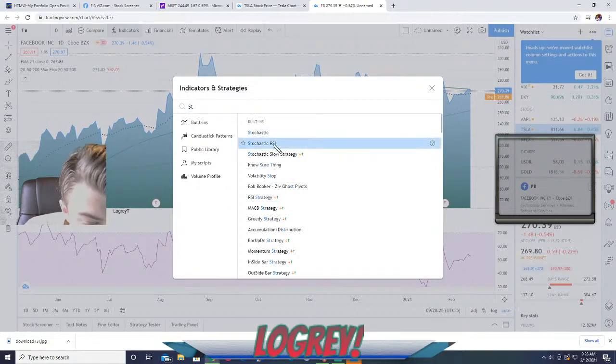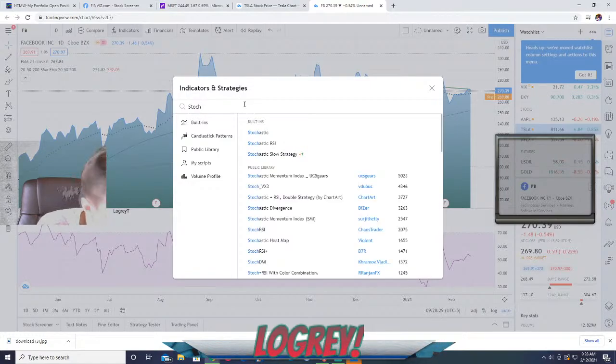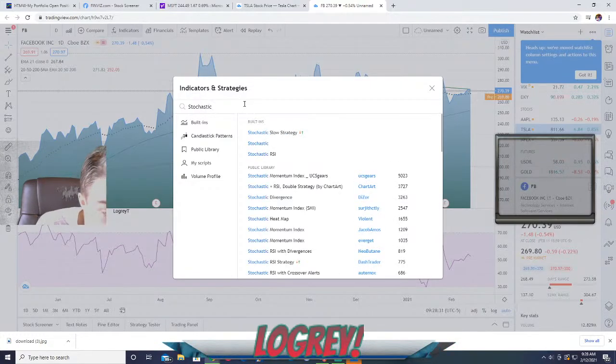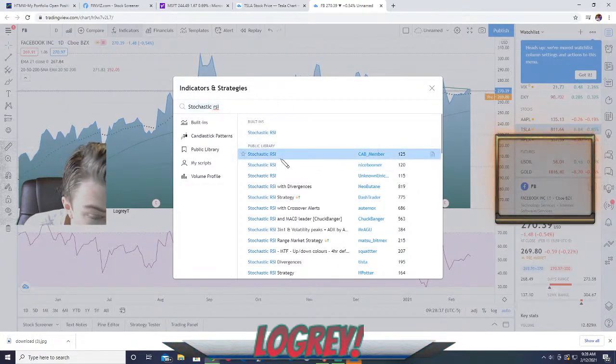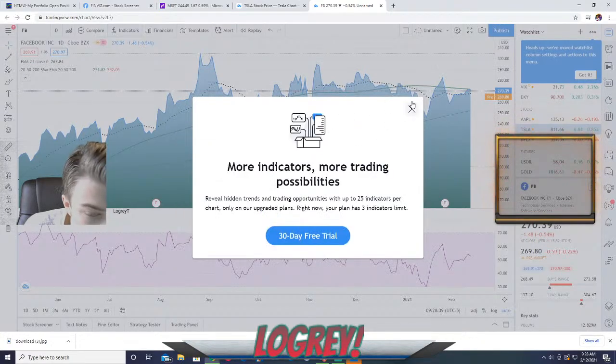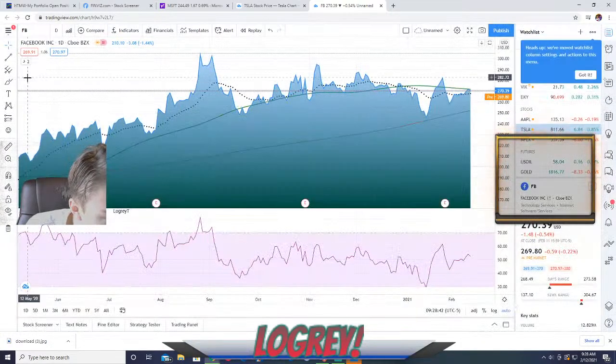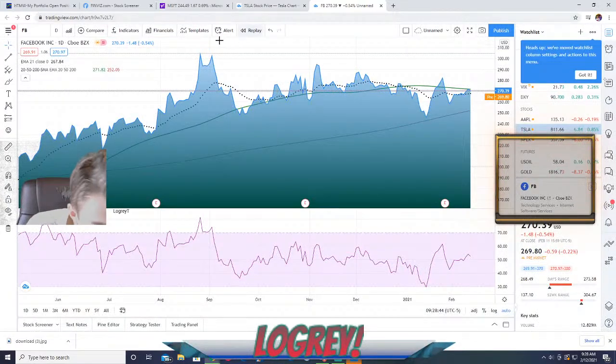Does this one work? Stochastic RSI. Public library. Did that work? Still no. I only have 2.